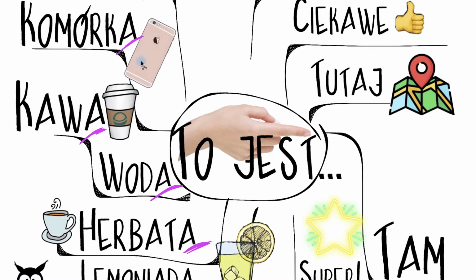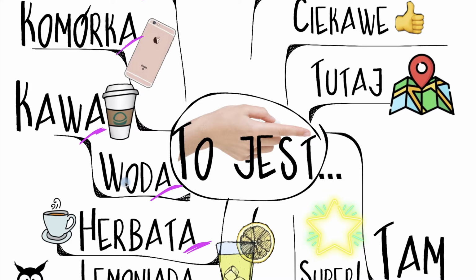So let's look at the left side of our poster, and we've got 1, 2, 3, 4, 5, 6 words, six nouns in fact, and you can see that I underlined the ending of each word, in this case the letter A, simply because all of those words are feminine nouns.